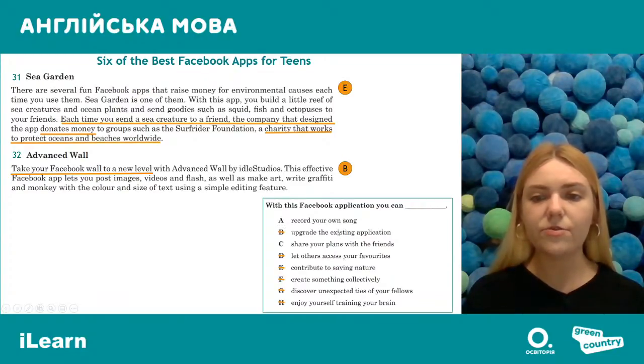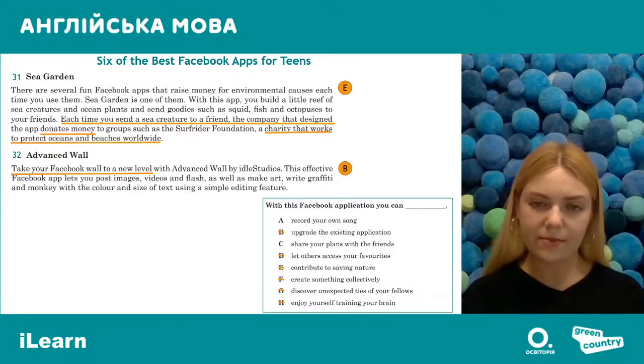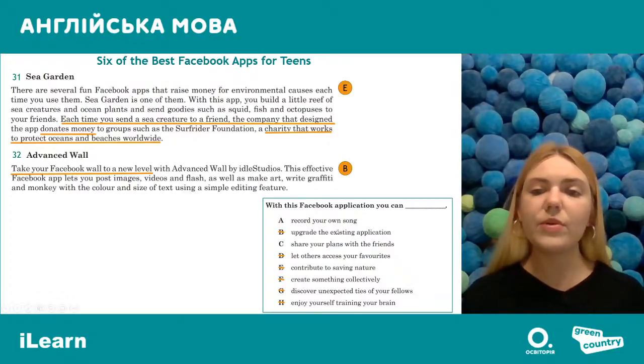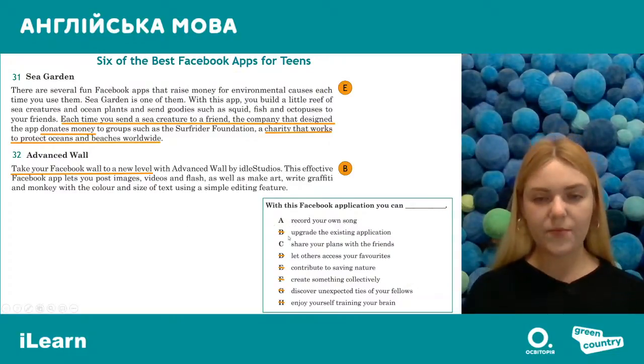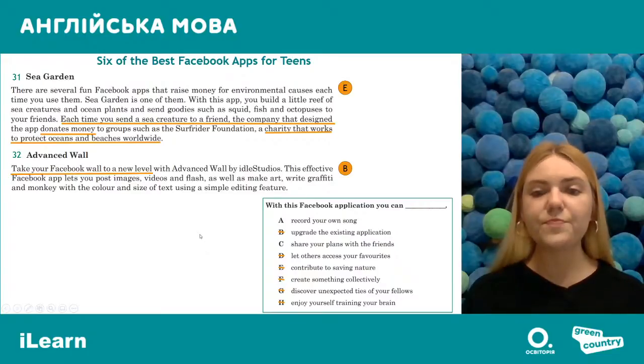And we have A, record your own song, and we didn't have any information about that. So we had some information about the music in the first text in 27, yeah, but it wasn't about recording your own song. Там не було інформації про саме запис своєї пісні. So A is not suitable, the same as C.